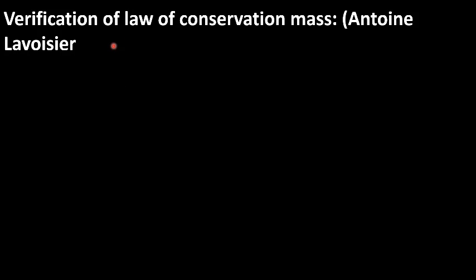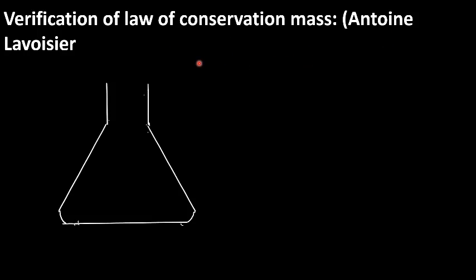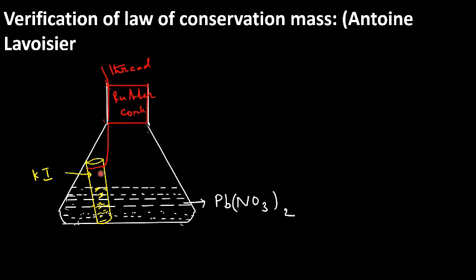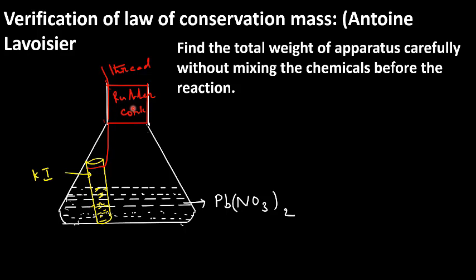Now let us verify the law of conservation of mass. The law of conservation of mass was proposed by Antoine Lavoisier. Take a conical flask with a solution of lead nitrate, and in a test tube take a solution of potassium iodide, tie this with thread and fix a rubber cork to the conical flask.